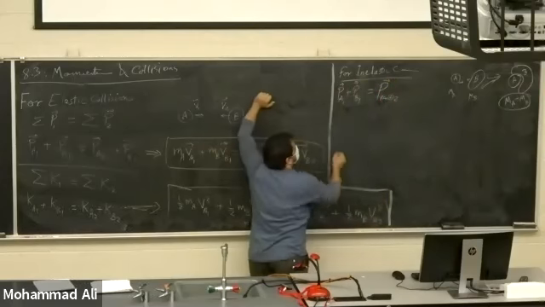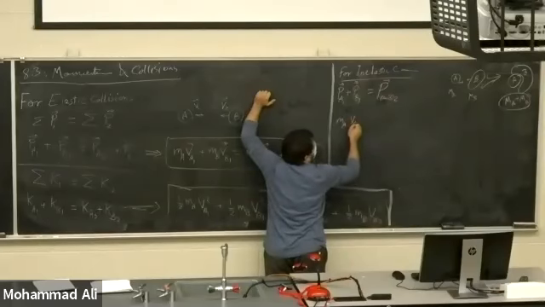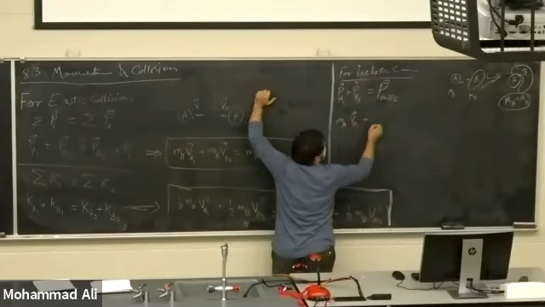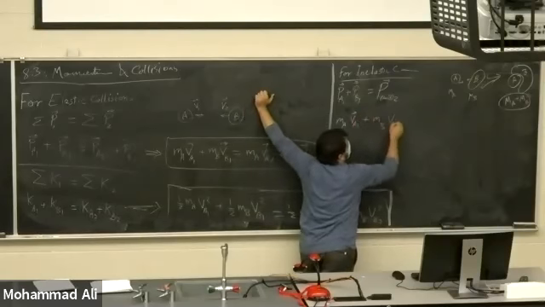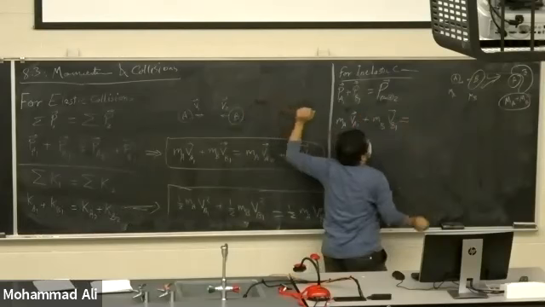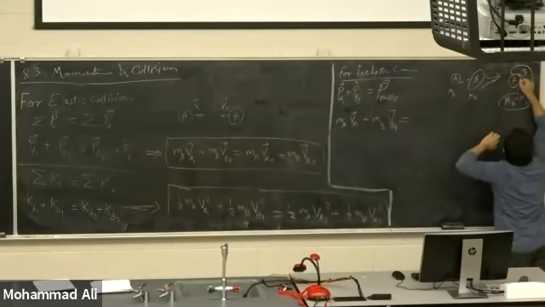If I put down here MA VA before plus MB VB before is equal now to, we have one mass with one velocity.